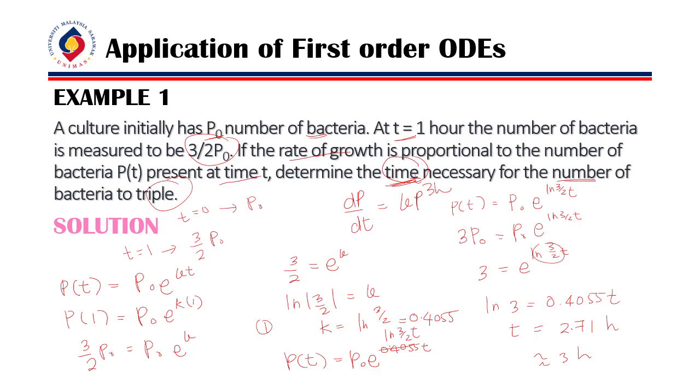So the final answer for question 1 is after 3 hours, the number of bacteria is triple. This is how we solve this kind of problem. I think this is still easy for us to solve, this kind of problem for growth and decay.